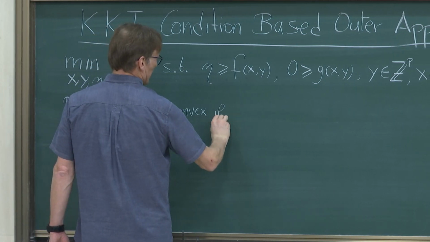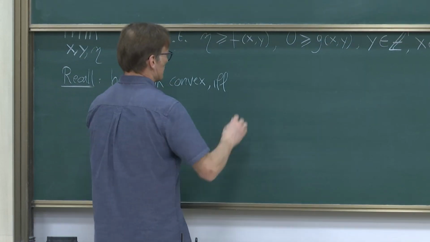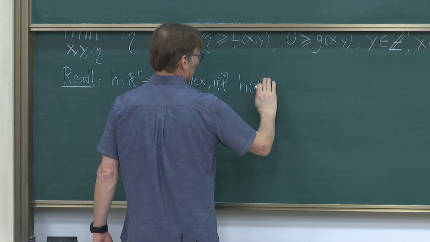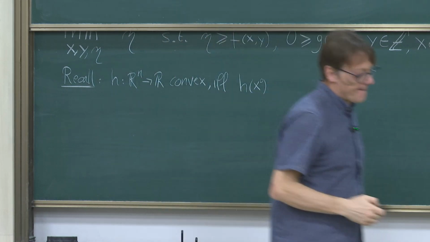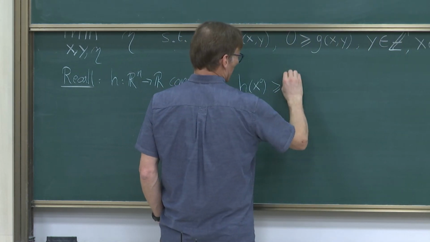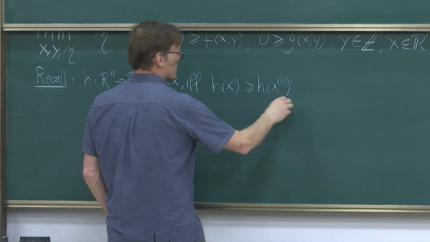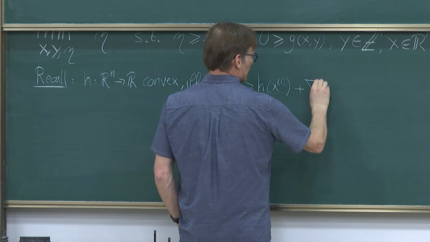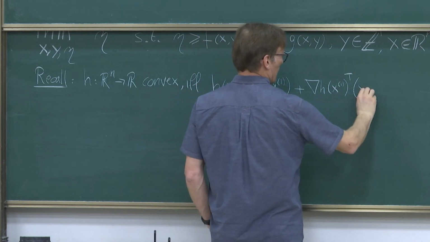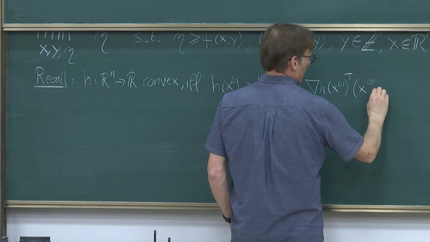One of the definitions that we had was: if and only if I have two points, x0 and x1, and I take a first order Taylor expansion of h around the point x1, then I get the following term, with x0 minus x1.